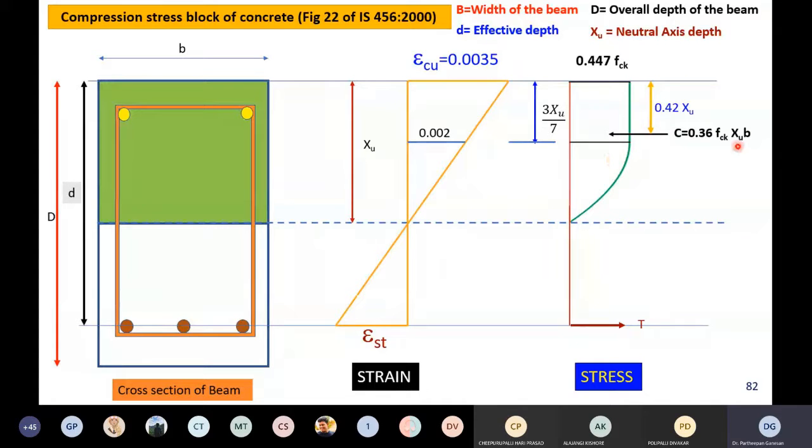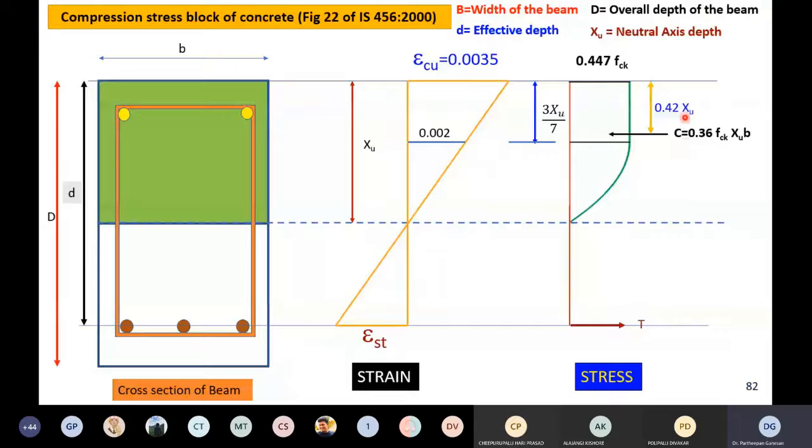Remember, this compressive force is resisted only by the concrete in the compression zone, not in the tension zone. Whatever concrete is available in the compression zone resists this much force, 0.36 fck XU into B, and this force acts at a distance of 0.42 XU, where XU is the depth of neutral axis.